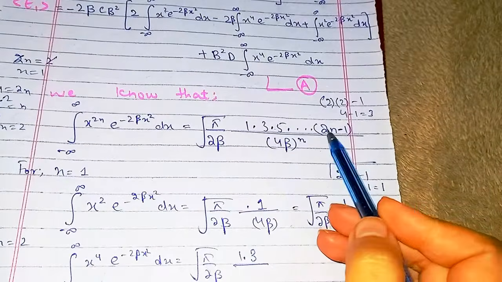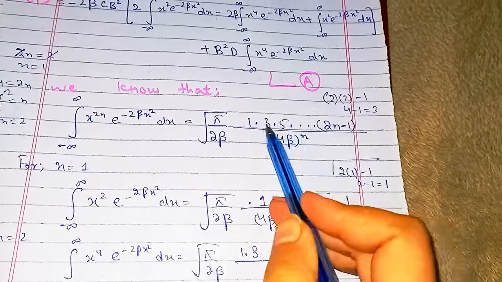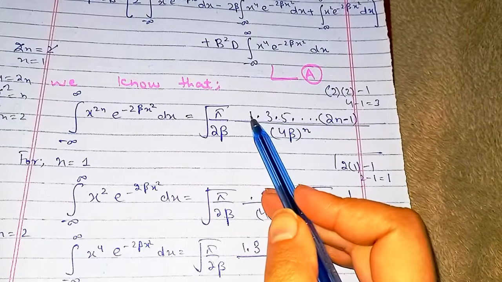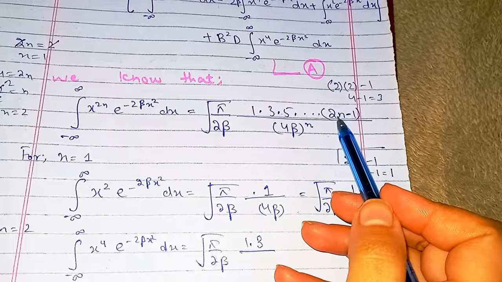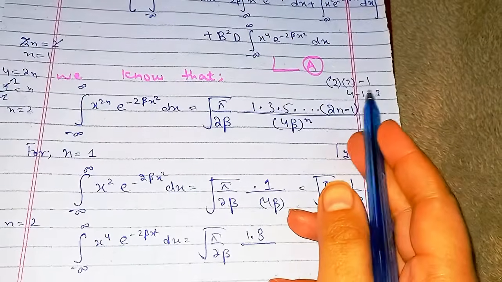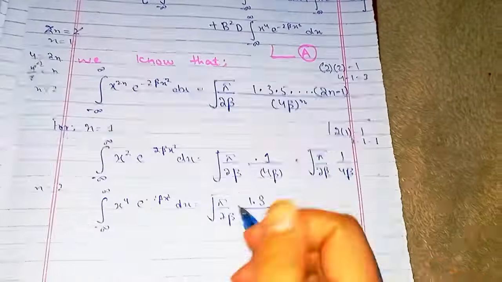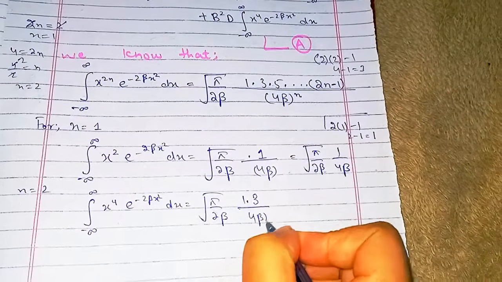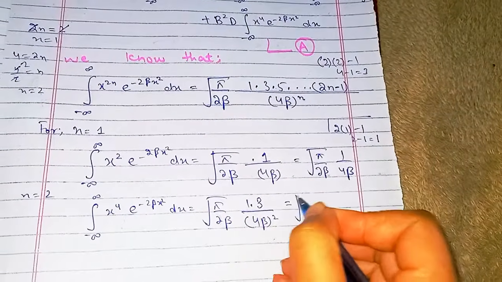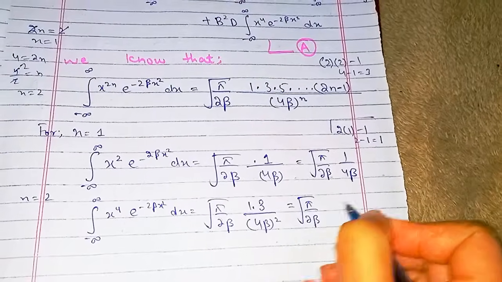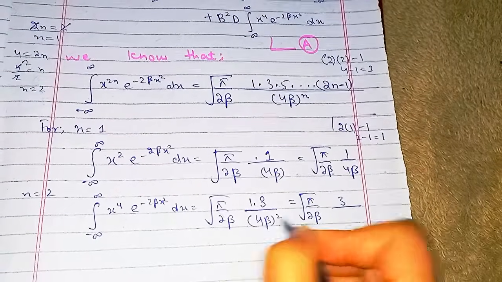Since this thing tells you the last digit of this series that could be multiplied, we will continue to multiply until this number is reached. So the last digit is 3, so 1.3 would be included. 4 beta to the power 2 pi by 2 beta, 3 by 4 4 is 16 beta squared.